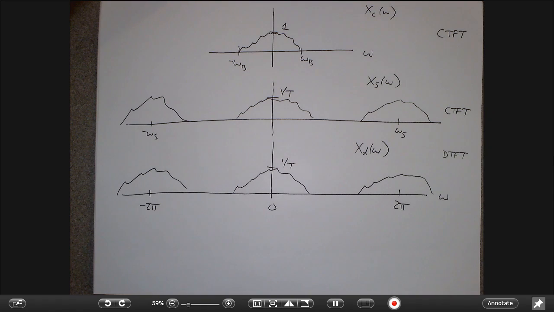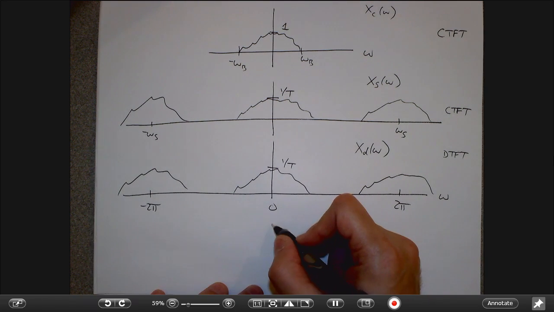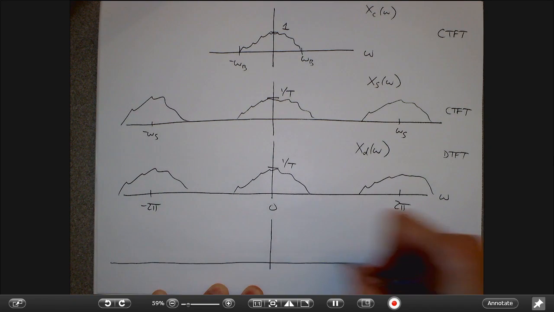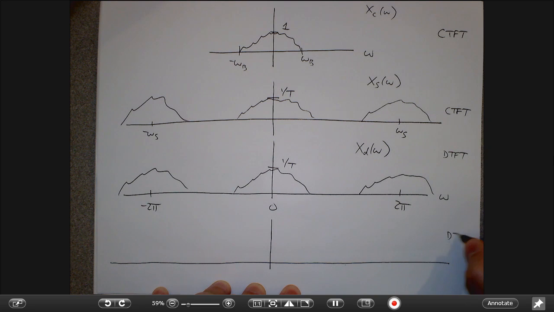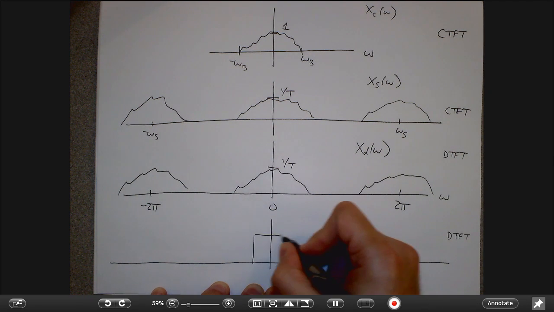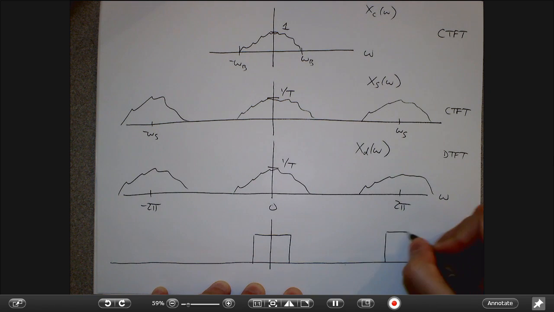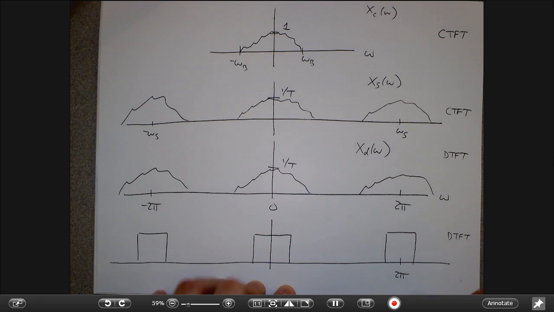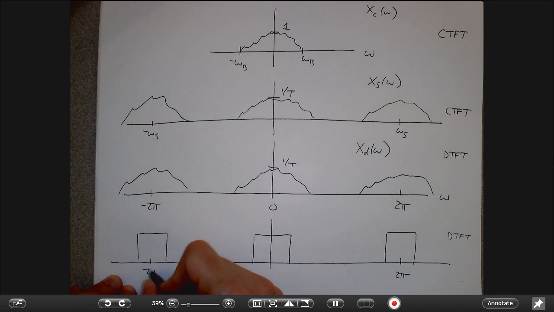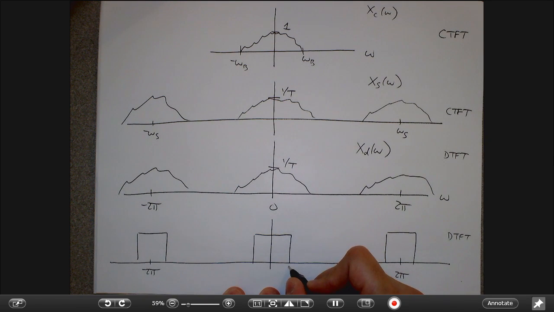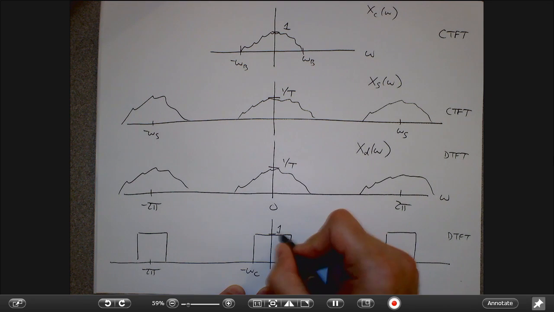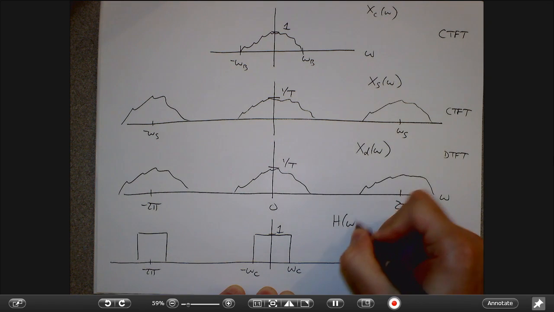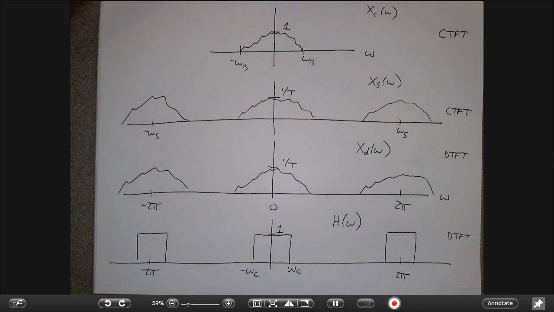Now I design some sort of a digital filter. Suppose that I make for you a digital filter in the discrete time world that is like a low-pass filter. So I'm going to notch out some frequency content, and let's suppose that the bandwidth of that filter is omega c. This is the filter that I want.